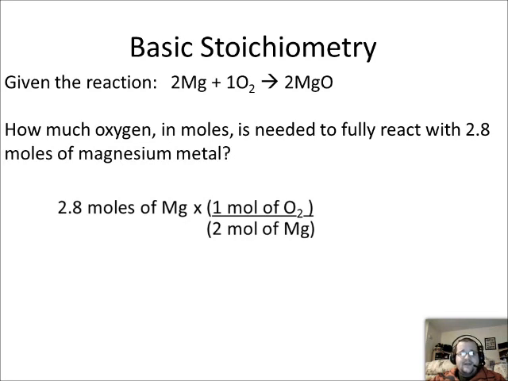In this case, we have the coefficients of 1 mole of oxygen gas for every 2 moles of magnesium that we react. We're going to put magnesium on the bottom so that moles of magnesium cancel, leaving us with moles of oxygen gas, as shown here. So our answer would be 2.8 divided by 2, yielding 1.4 moles of oxygen gas.